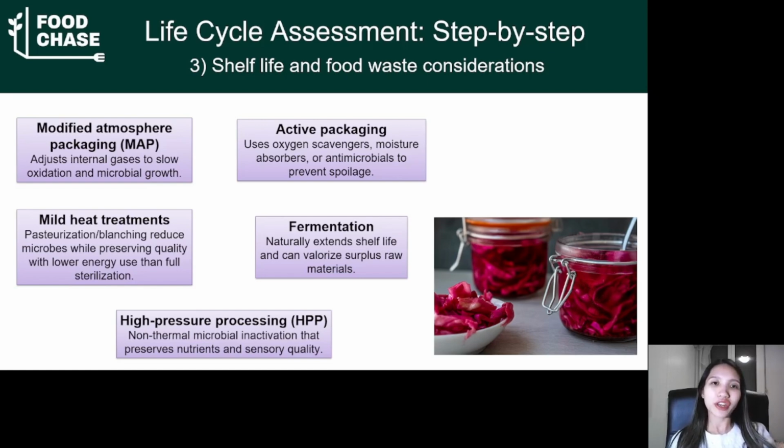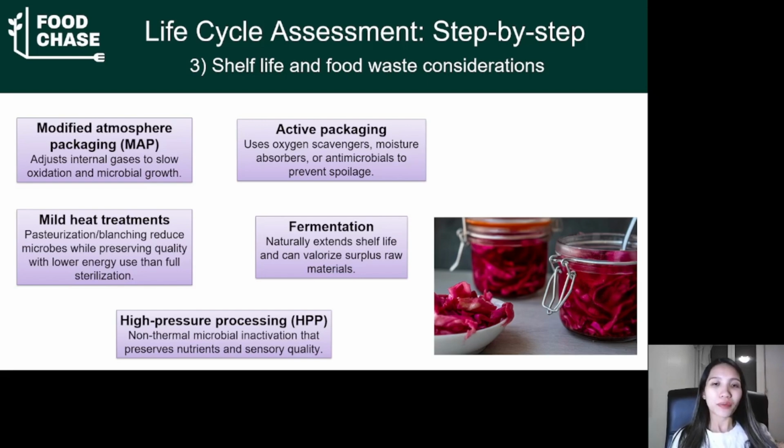Active packaging uses oxygen scavenger, moisture absorber, and antimicrobial to prevent spoilage. Mild heat treatment. Now, this technology is not used to extend the shelf life of food too long, but it can preserve the quality with lower energy use than food sterilization.